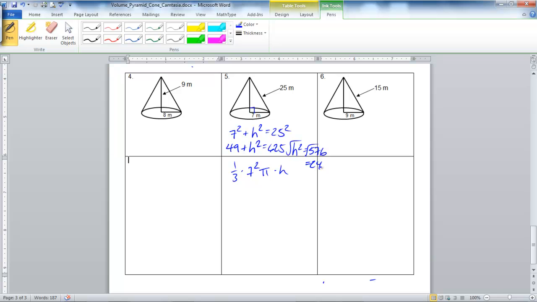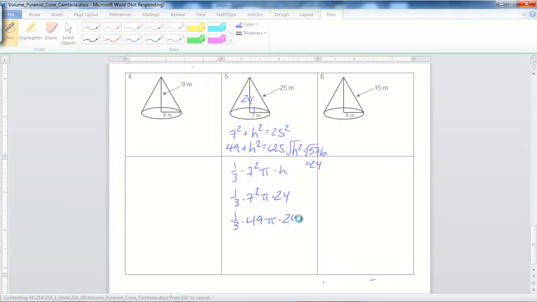And then the square root of that is 24. But we're hoping that your teachers have showed you the Pythagorean triples, and so we can just jump right to 24 if you remember the Pythagorean triple, 7, 24, 25. So I take my 24 and plug that in. Now in this case, obviously 7 squared is 49 times the 24.